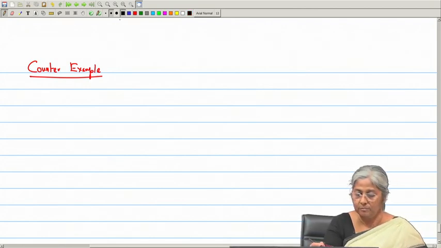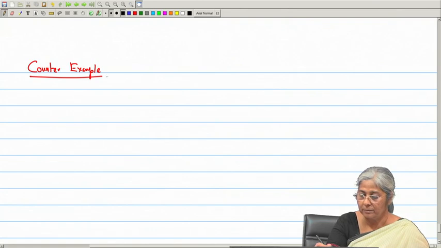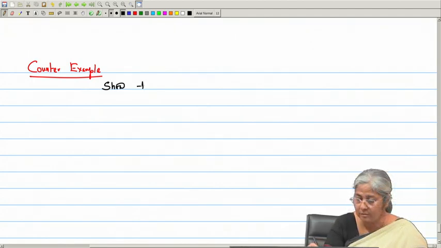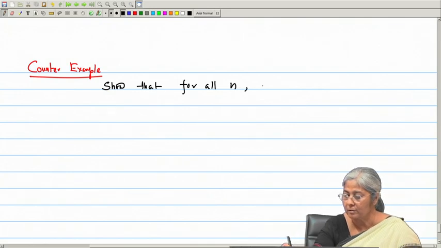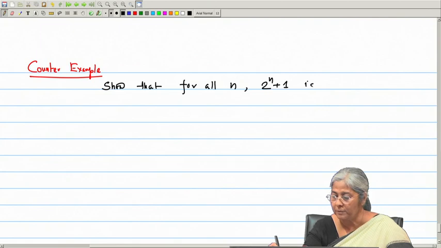Just to give one example: show that for all n, 2 to the power n plus 1 is prime.